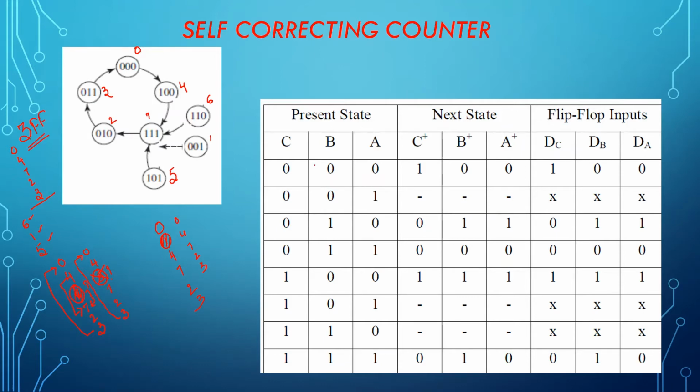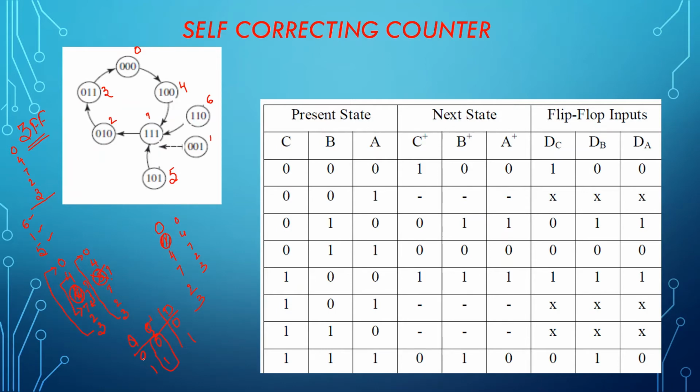So let's go with the present state, next state and the flip-flop inputs. For the D flip-flop, if you want me to write it, this is Q, this is Q plus. 0, 0, 1, 1. If you speak about the inputs here, whatever values I have here, you just copy the same values.